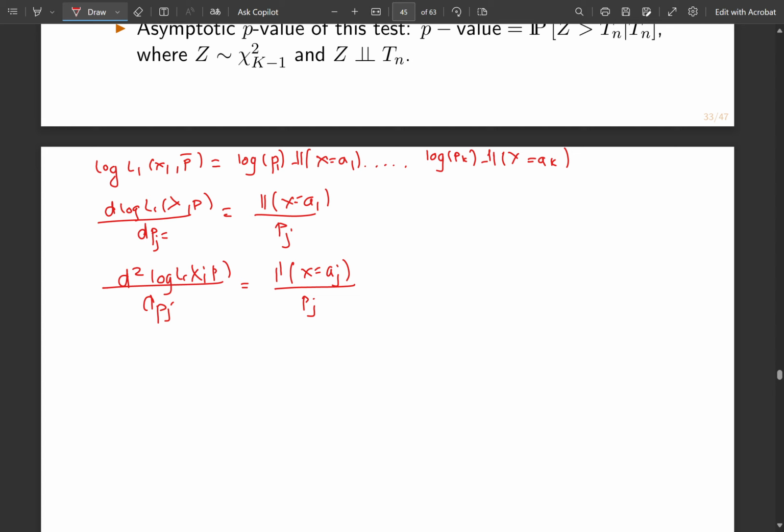Now we need to compute the Fisher information, and Fisher information is a negative expectation of this guy right here.